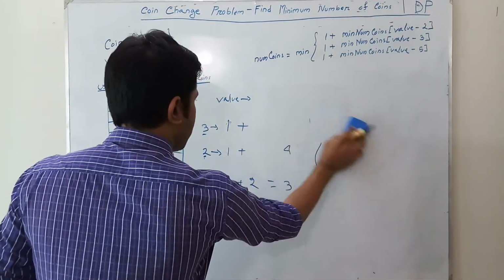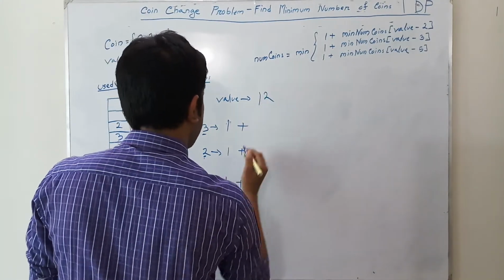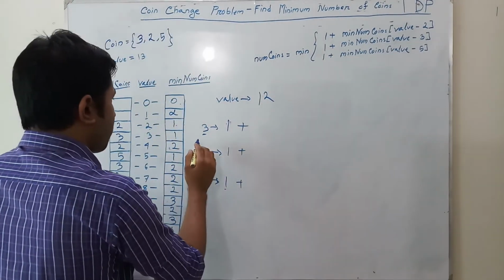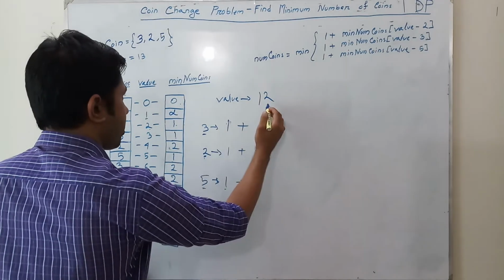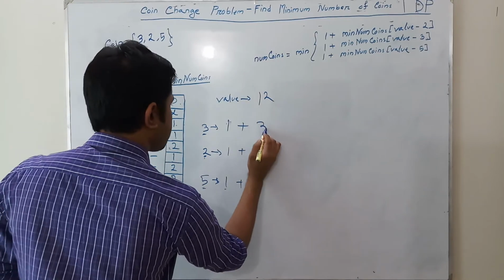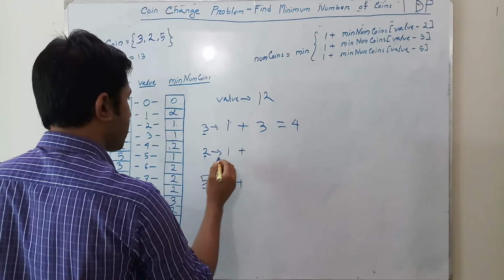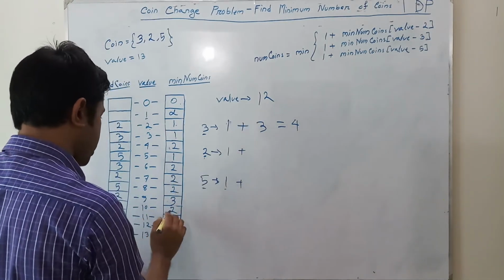When the value is 12, after using the value 3, we have remaining value 9, and for 9 the value is 3. So the value is 4. After using the coin 2, the remaining value is 10. For 10 it is 2.